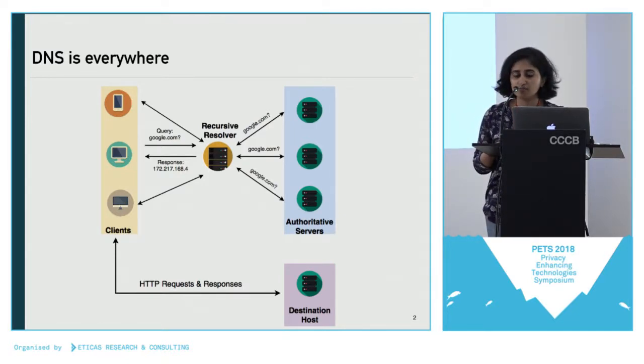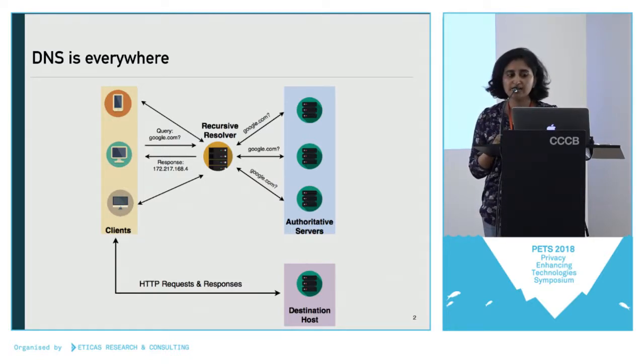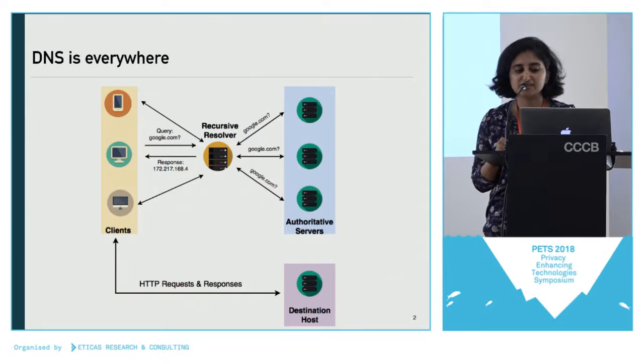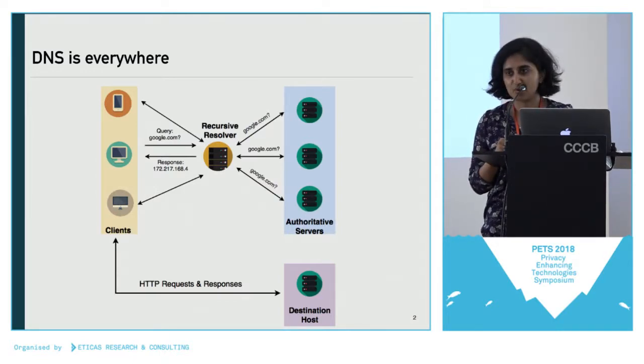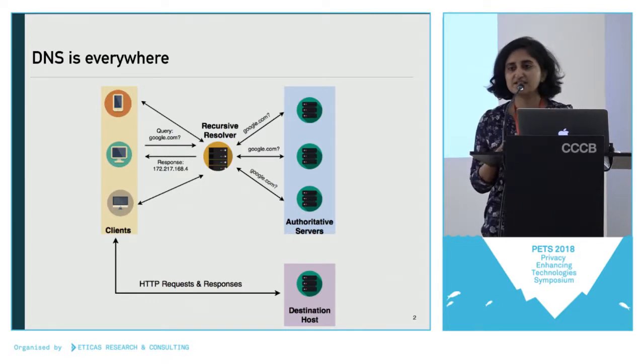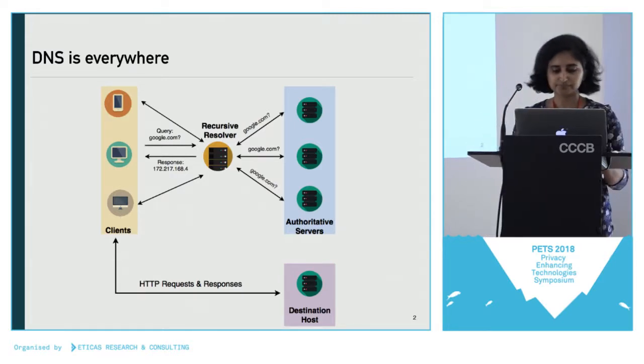The recursive resolver contacts a number of authoritative name servers which hold databases of DNS domain name to IP address mappings until it receives the correct answer for the client's query, and it sends it back as a response to the client. Once the client receives the IP address, it establishes a connection with the destination host, and it can exchange data such as HTTP requests and responses.